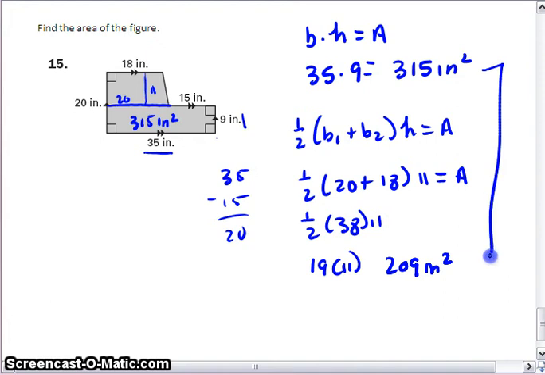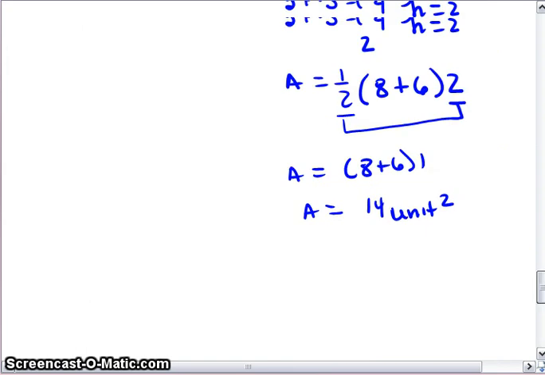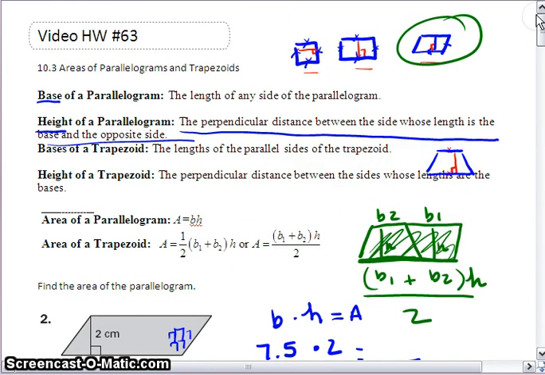I need to add these two together. This is 219 inches squared. If I add those two together, I get 524 inches squared, and that is the area of the entire figure. This is the end of the video number 63 on the areas of parallelograms and trapezoids.